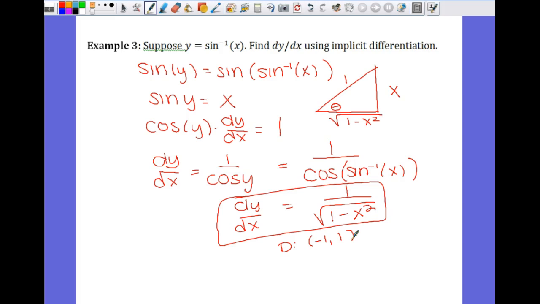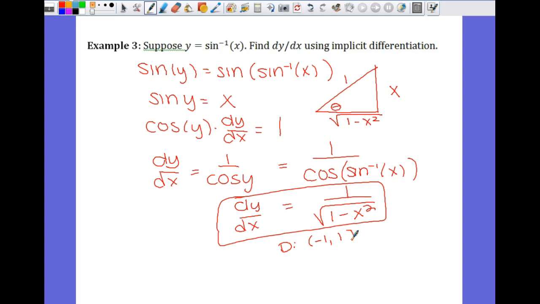However, you need to pay attention to the fact that this original was just an x, so the derivative of x is 1. If it was something other than x, for example x squared, you have to take into account the derivative of the x squared, and that would get taken care of in the numerator.